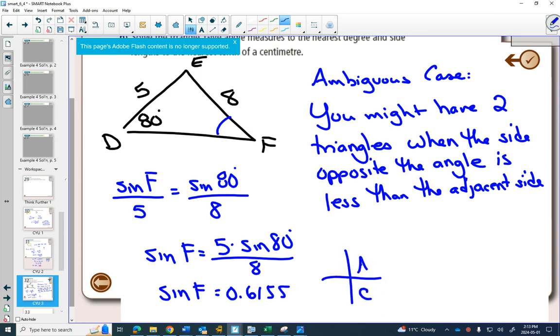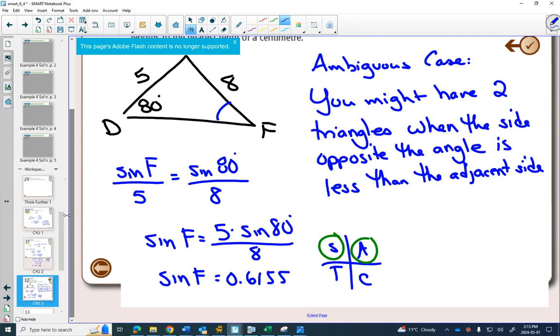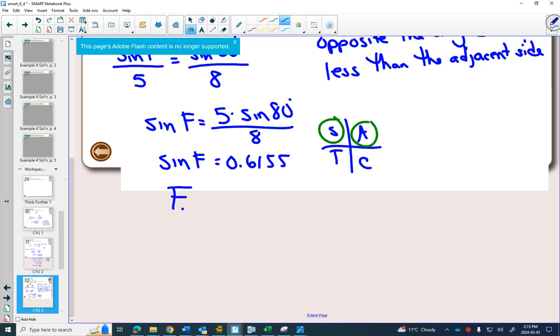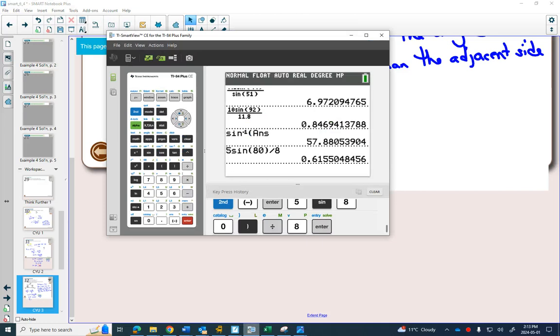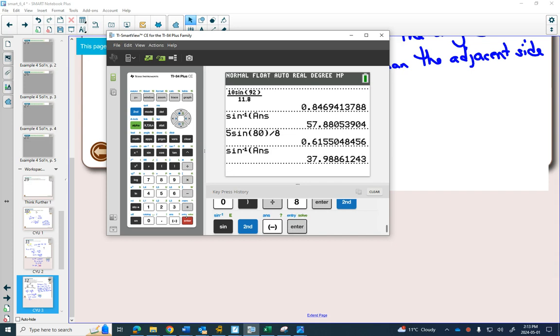And according to my CAST rule, it could be in quadrant 1 or quadrant 2. And maybe it'll work, because if I had 91 degrees here, it could work as 2 triangles. But when we find our reference angle, by doing sine inverse of the positive value, so I find my reference angle, 38 degrees.